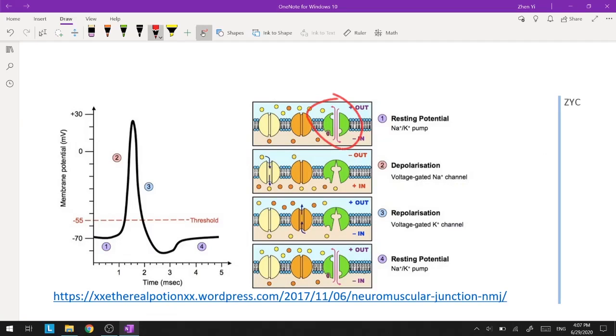More sodium ions are exiting the cell, and fewer potassium ions are entering the cell.